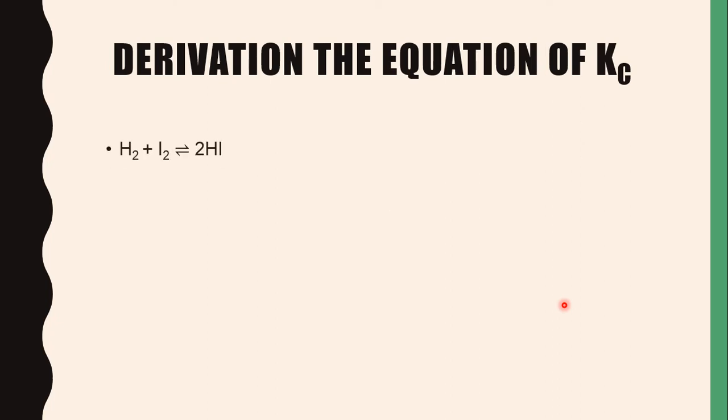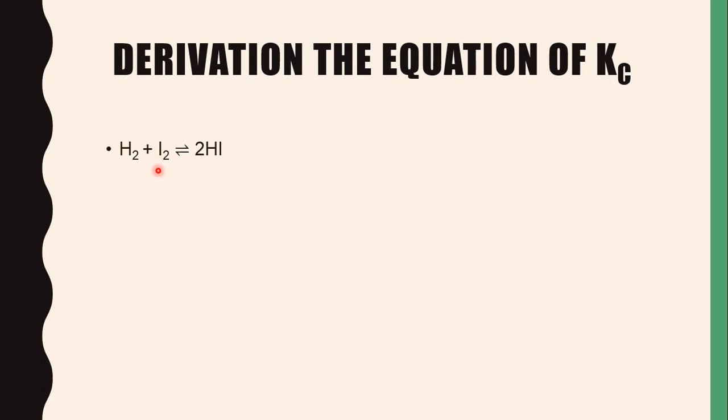Look, this is a reversible reaction. Here hydrogen and iodine produce hydrogen iodide. When you derive the equation of Kc, you have to find out the molar concentration of the reactants and products. Now, this is a homogeneous equilibrium chemical reaction because here the mole number of reactants and the mole number of products is the same.